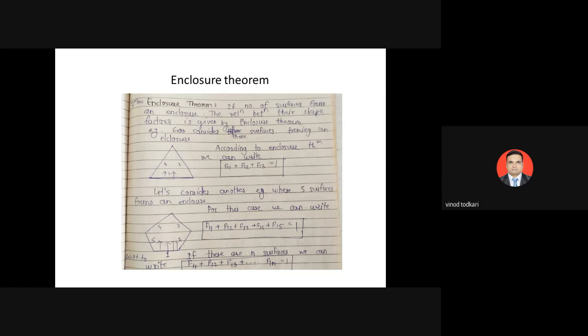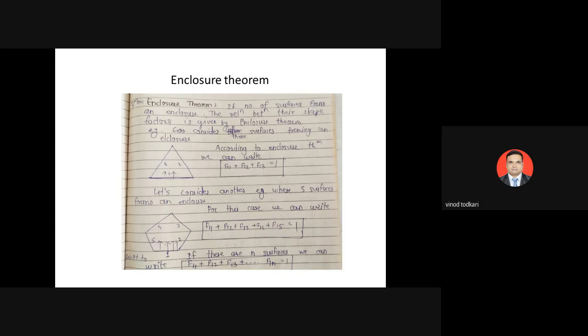Let us take another example. Let's say that this is not an equilateral triangle, it is a general triangle. Let's say this is emitting 100 watts, out of which 2 is intercepting 40 watts. So how much energy will be intercepted by 3? Obviously, 60 watts, by the law of conservation of energy. In this case, what will be F11?